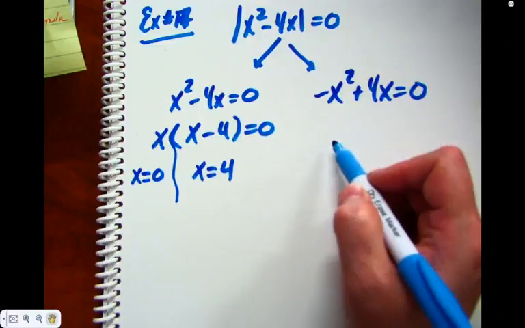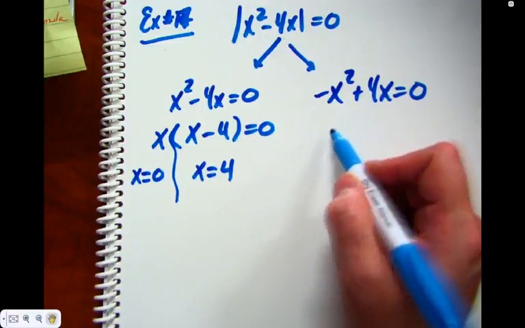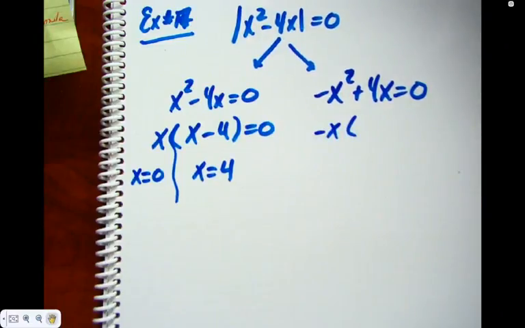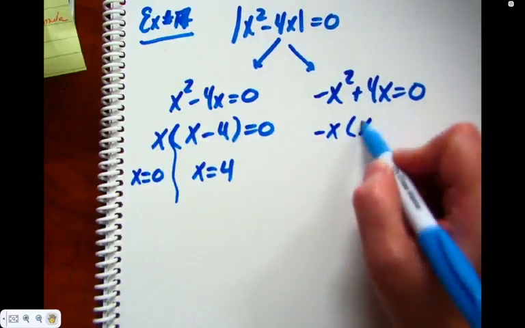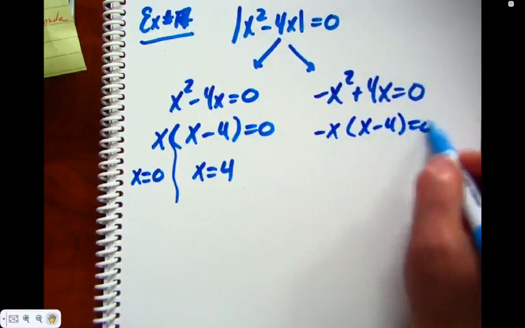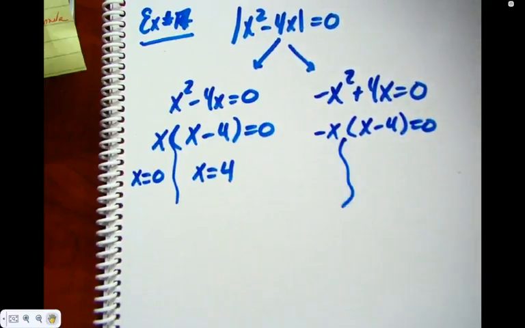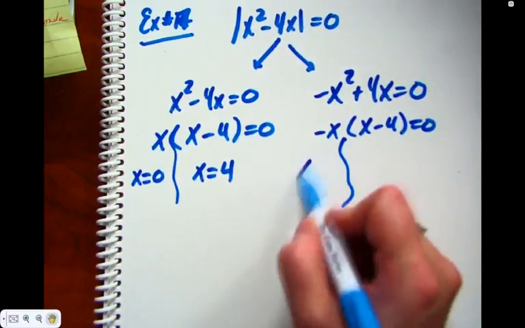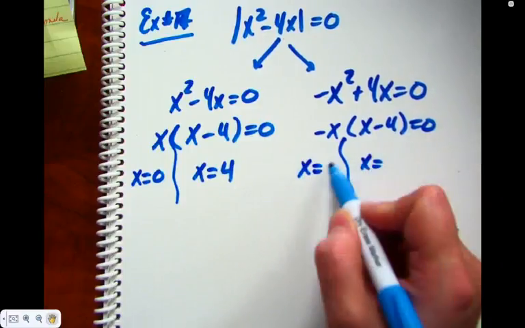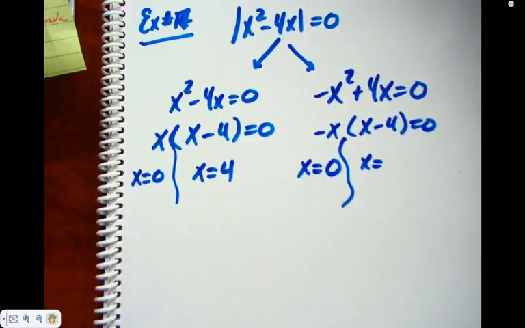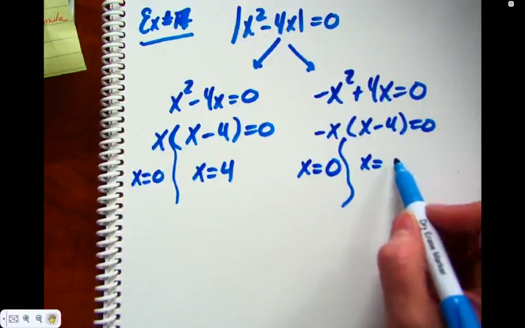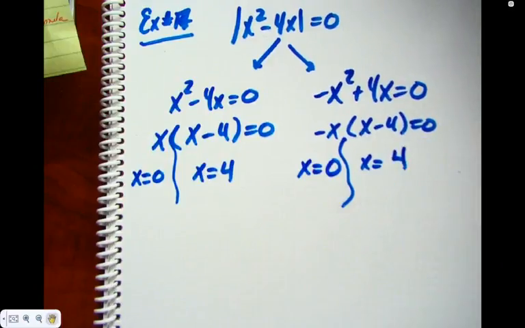Forget it. So you take out negative x take away 4. X equals negative 0. X equals 4.